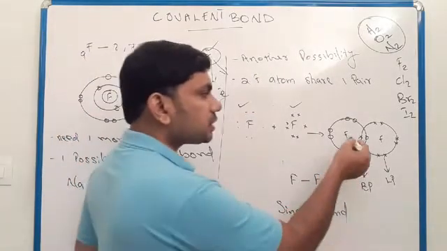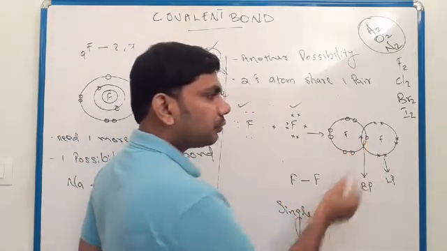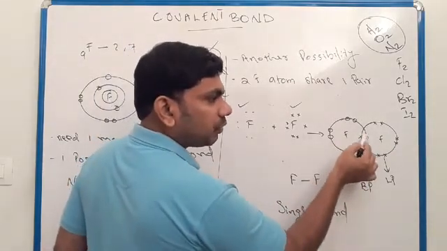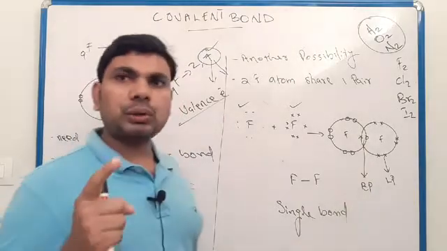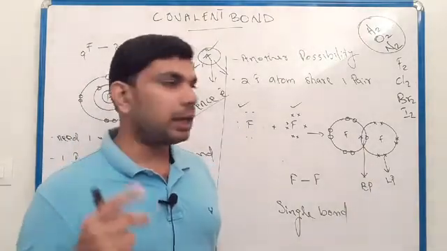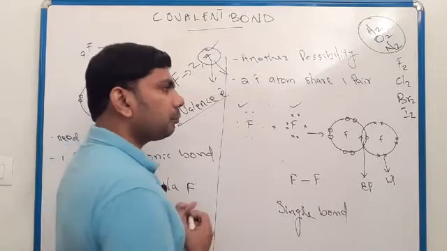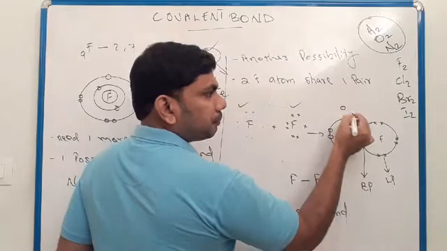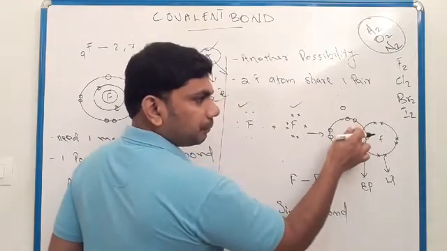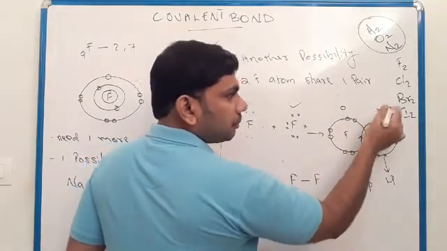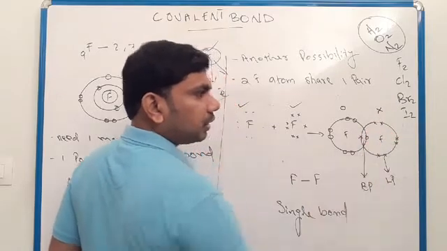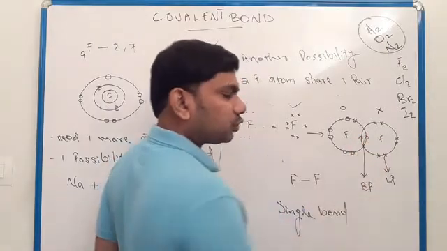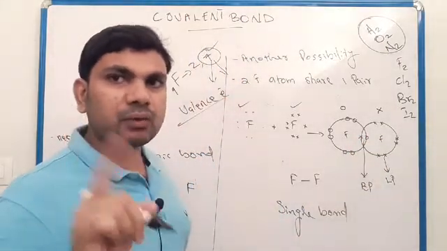See here, this is one fluorine and this is another fluorine. Both fluorine atoms share one pair of electrons. One pair of electrons means 2 electrons. They share 2 electrons. Here this circle represents electrons of this fluorine and this cross represents electrons of this fluorine, and they share one pair of electrons.